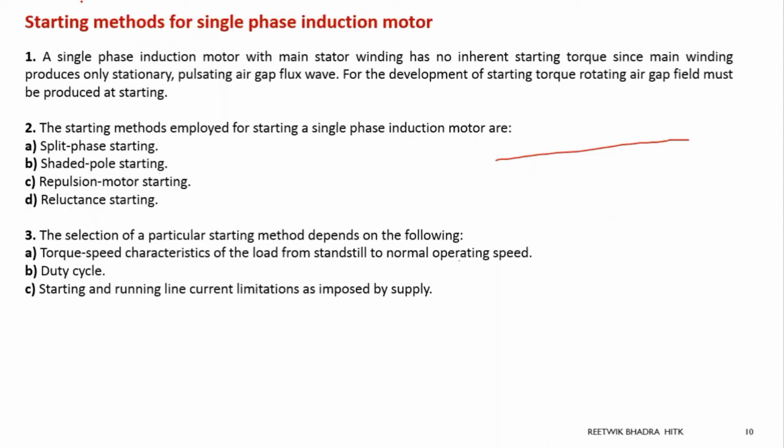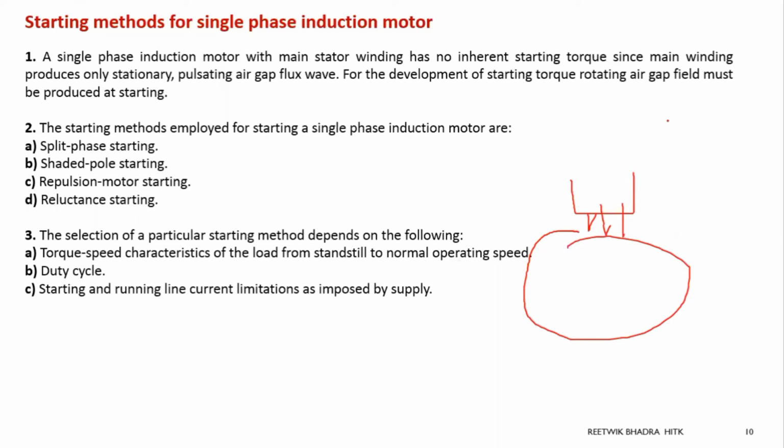Shaded pole starting, then we will go to the shaded pole, repulsion motor, reluctance motor. What all we are doing is changing the air gap. There is uniformity of air gap over here, so we'll just change the air gap. Reluctance in this path changes, air gap length changes, so you can calculate the reluctance. So reluctance changes, flux changes, MMF changes.